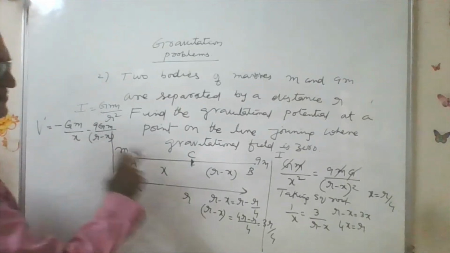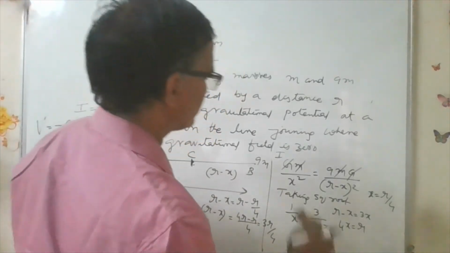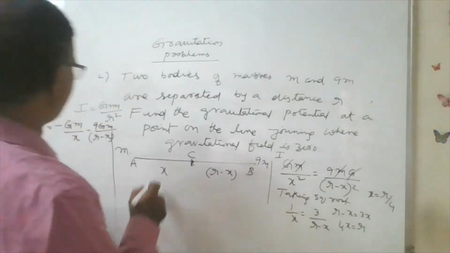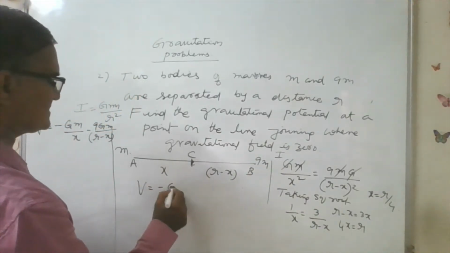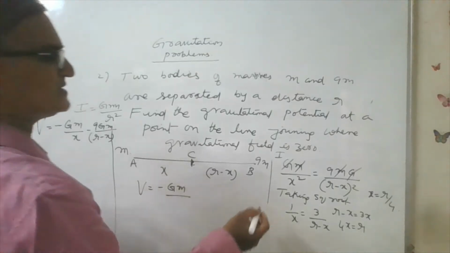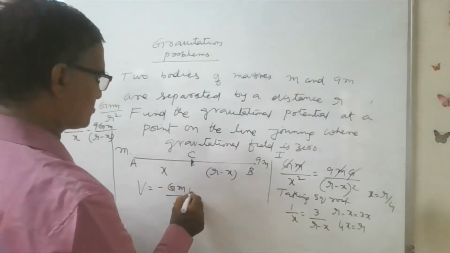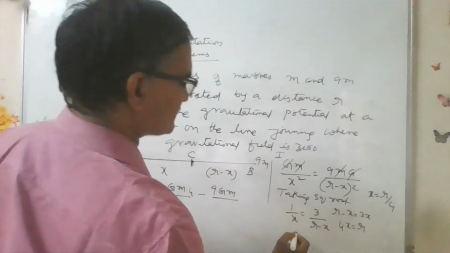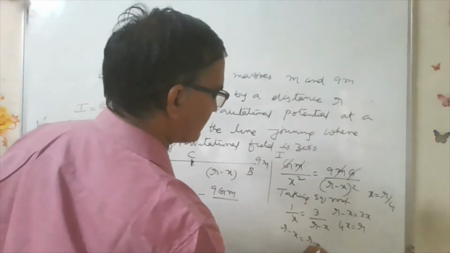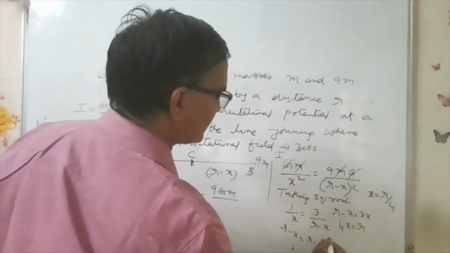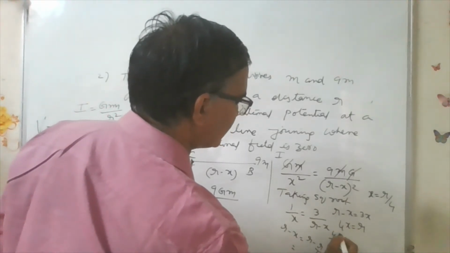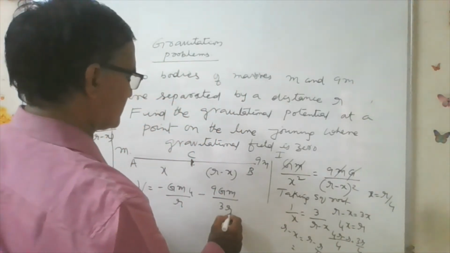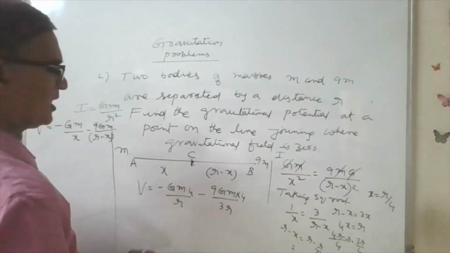Now if you write this formula again, here continuation, V is equal to minus GM by, what is the x value you got? r by 4, minus 9GM by, what is the r minus x value? Just now calculated, no? r minus r by 4, 4r minus r, that is 3r by 4 you got. So 3r by 4.